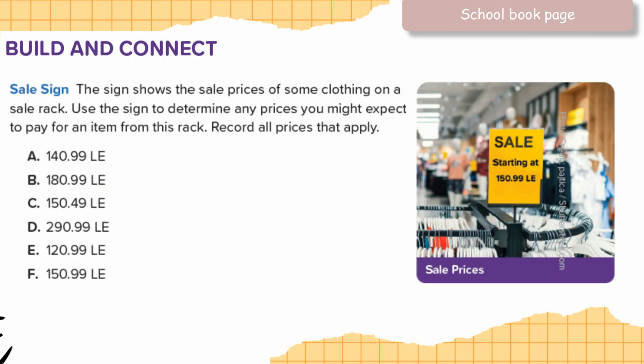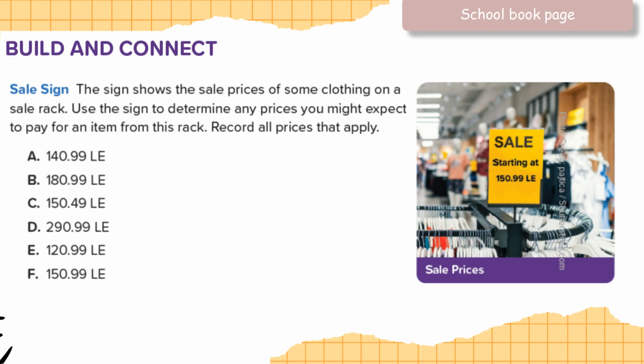Again, this sign shows the sale prices of some clothes on a sale rack. Use the sign to determine the prices you might accept to pay for an item. Record all prices that apply. First, this sign says that the sale is starting at 150.99 pounds.